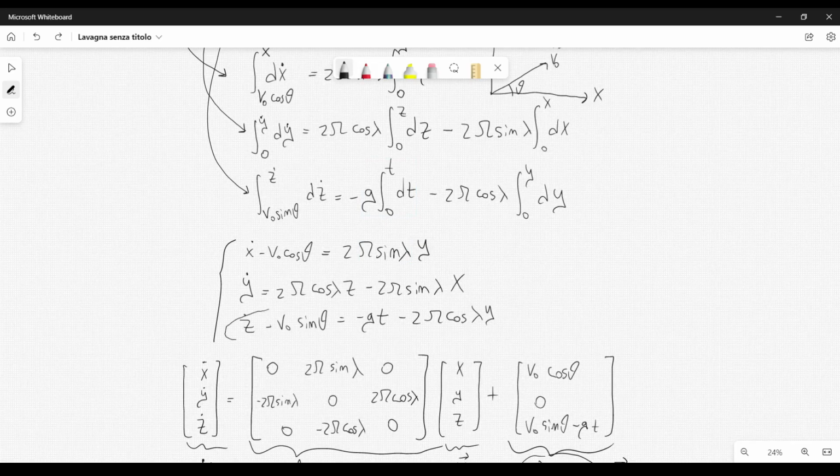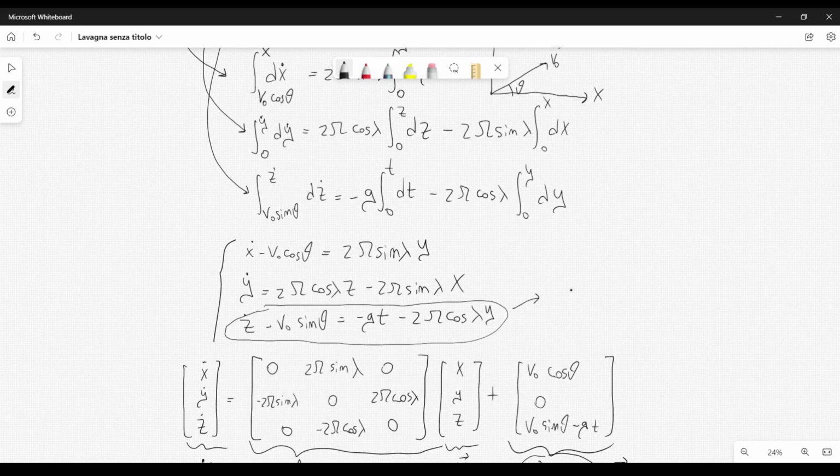Consider the z component of this system, and since omega is small because we are considering the angular velocity of the Earth, the projectile will not be affected too much by the rotation of the Earth, because the motion of the projectile will take much less time than the Earth will take to rotate, let's say.